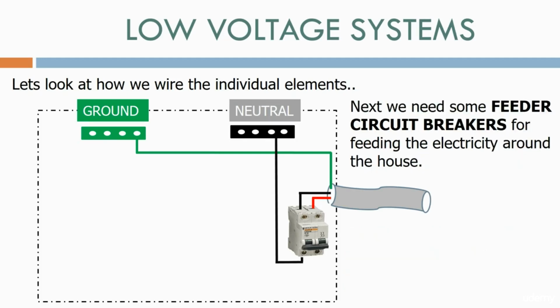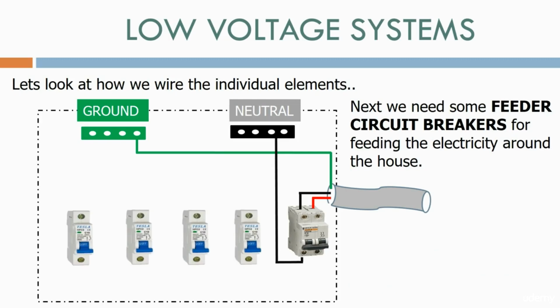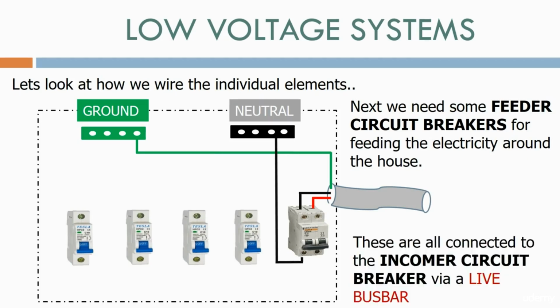Next we need some feeder circuit breakers for feeding the electricity around the house. These are all connected to the incomer circuit breaker via the live busbar.